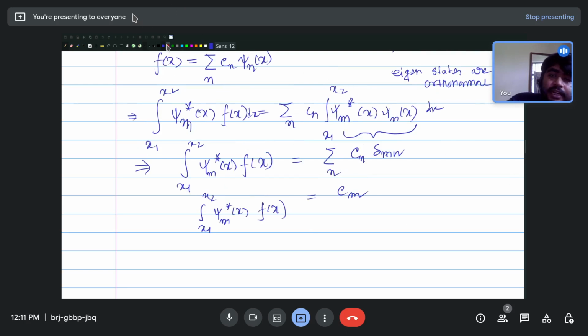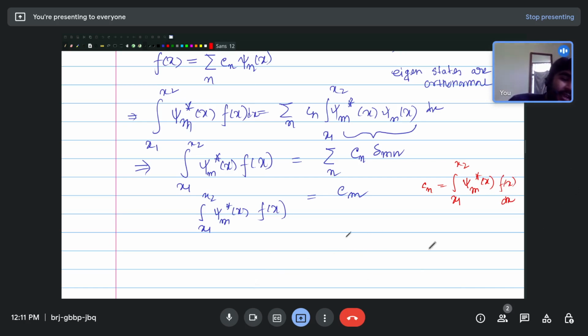So let me write in a separate box. Cn is given by the integral from x1 to x2 of psi n star x, f of x dx.